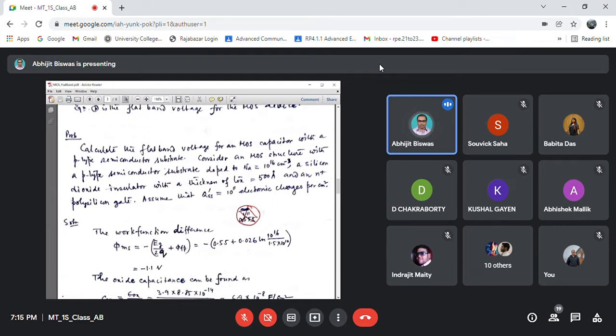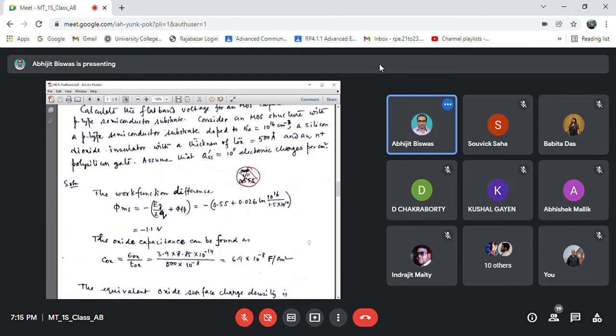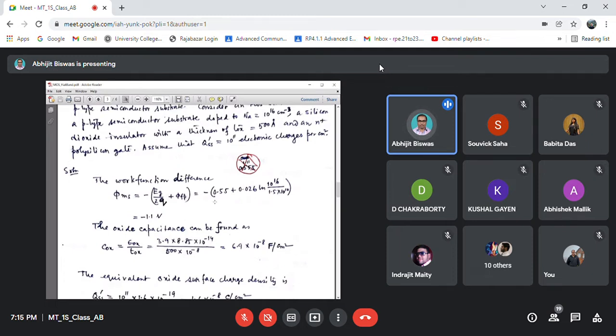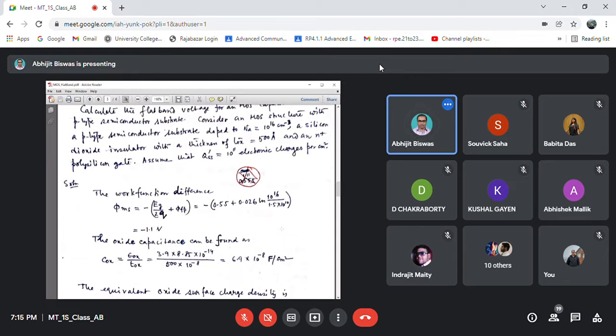So it is the formula for work function difference. This is phi ms equal to minus of the band gap of the semiconductor Eg divided by twice the electronic charge Q, plus phi fp. You know the band gap of silicon is 1.11 electron volt.